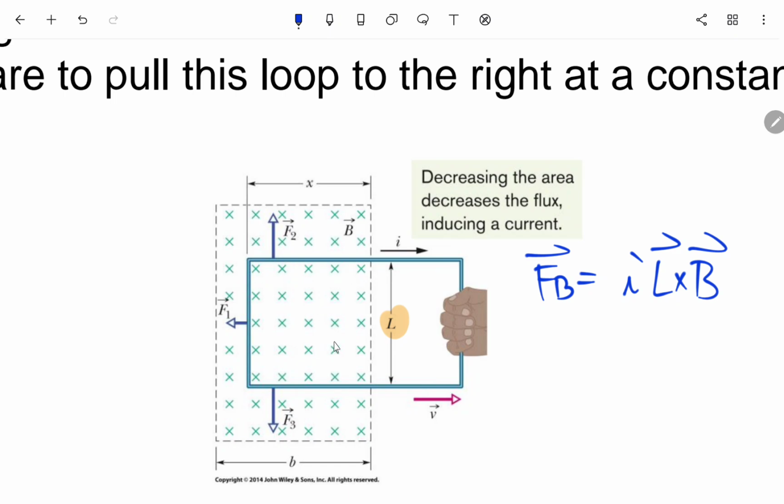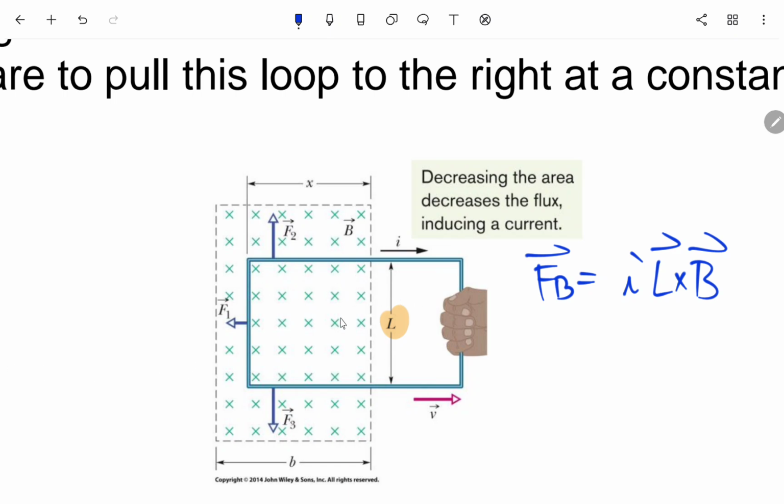Okay, so we assume the B field is pointing into the page and doesn't change. This uniform B field is a constant B field. We try to prove that the loop's overlap with this B field will be decreasing, which means the magnetic flux is also decreasing.